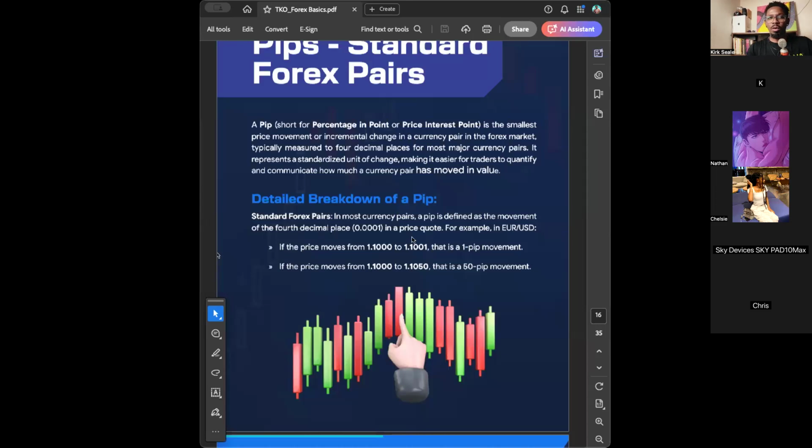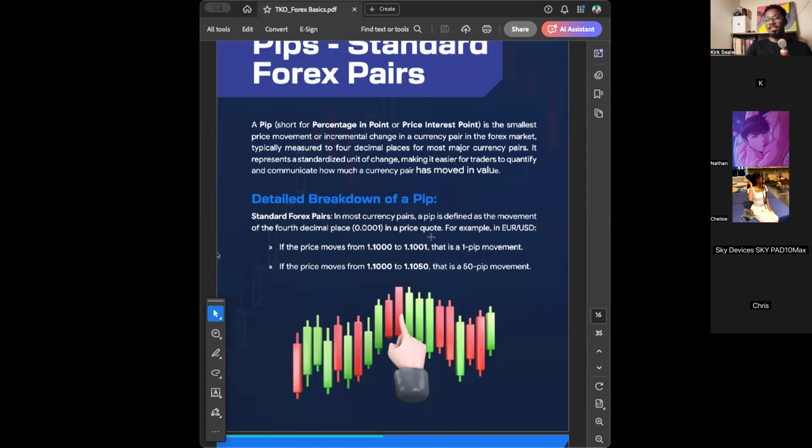That's what it looks like when you start looking at things on TradingView. The number I want you to pay attention to is going to be the fourth number behind the decimal point. I know some of us may not have done decimals since secondary school, but just work with me here. The fourth decimal place, that is 1 pip.